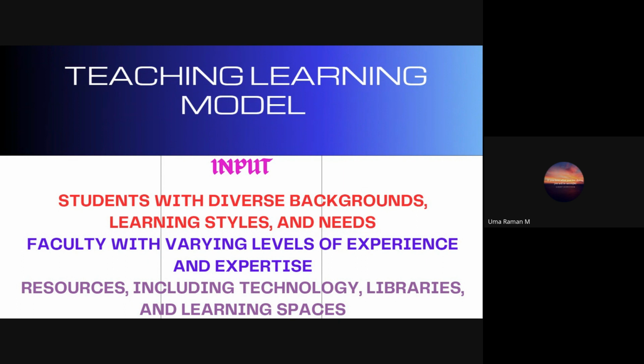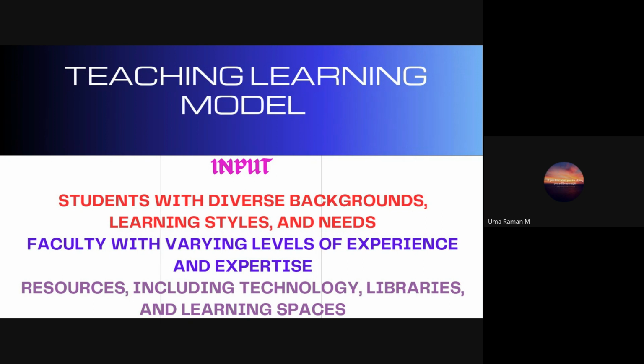When we provide some inputs, how does this teaching learning model come out successfully in the form of catering to different areas? The inputs we have in a teaching learning model are students with diverse backgrounds, different learning styles, and different needs.